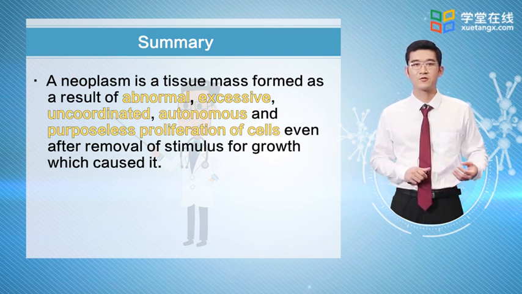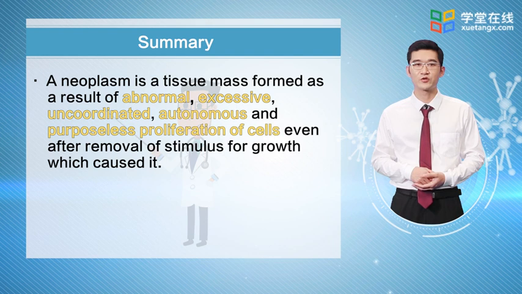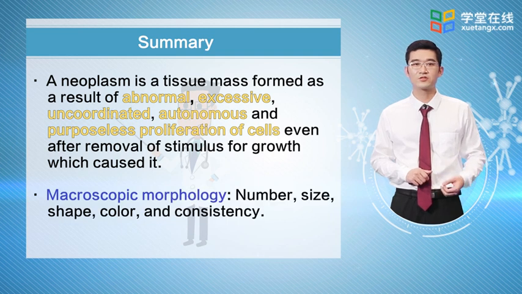Autonomous and uncoordinated growth, monoclonal origin, and failure to achieve a highly differentiated state are distinguishing features between neoplastic and non-neoplastic proliferation. In terms of gross morphology of tumors, we should give details regarding their number, size, shape, color, and consistency.